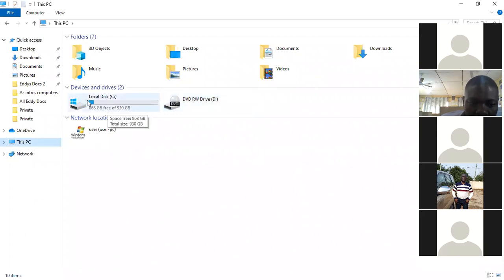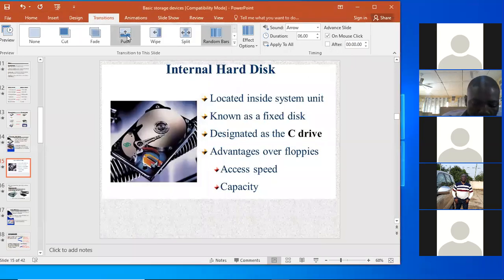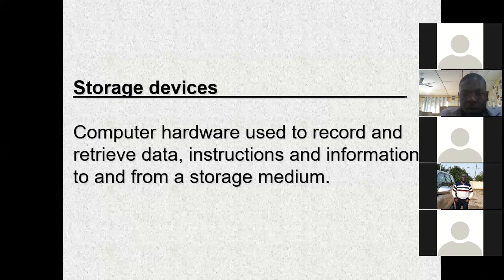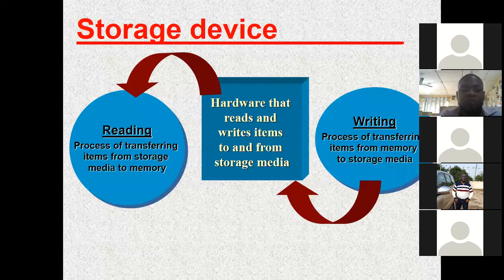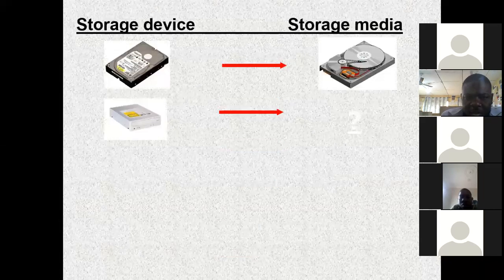This is a drive letter for the local disk. Special letters given to storage devices to help you identify them. Okay, so that's for the drive letters. Let's move on. So that's for the hard disk.